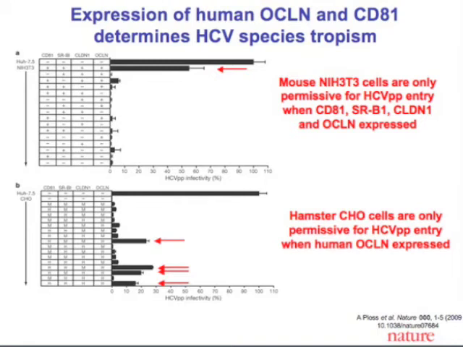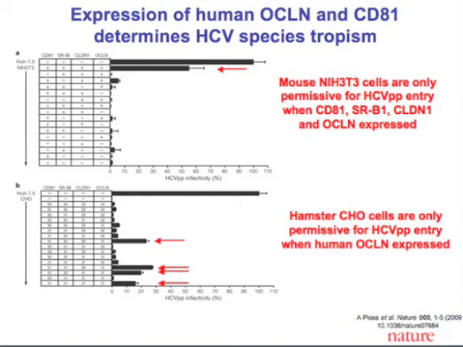And so what you can see here is this is measuring HCV pseudoparticle infectivity with this green fluorescent protein labeled pseudoparticle. And as a control here, you can see that HUH7.5 cells, just by themselves, allow really good pseudoparticle entry.